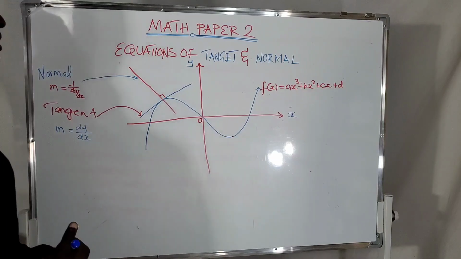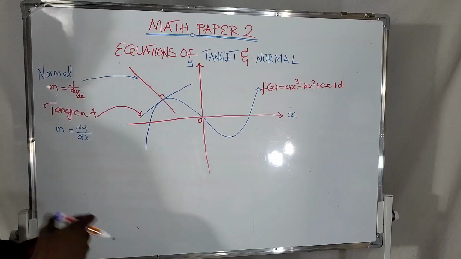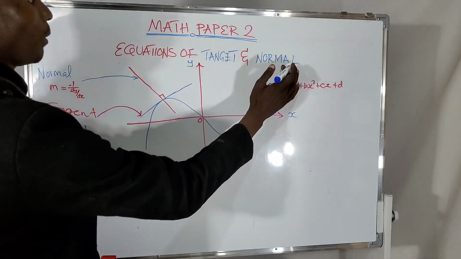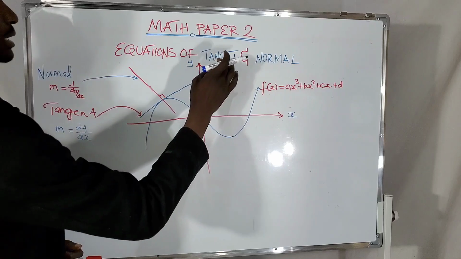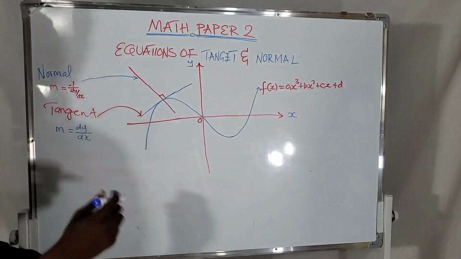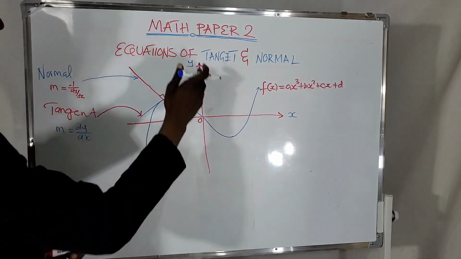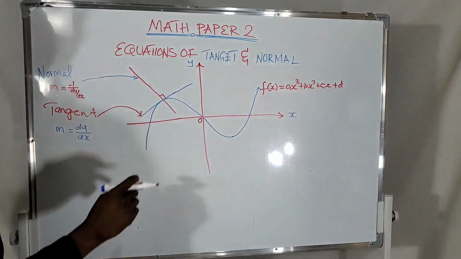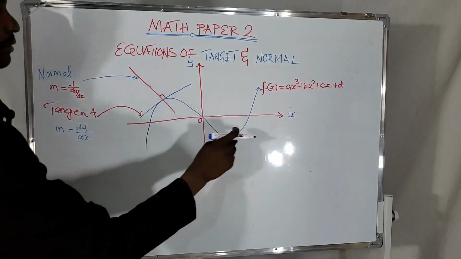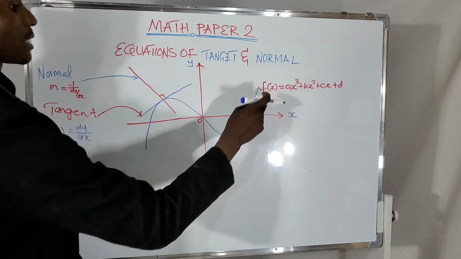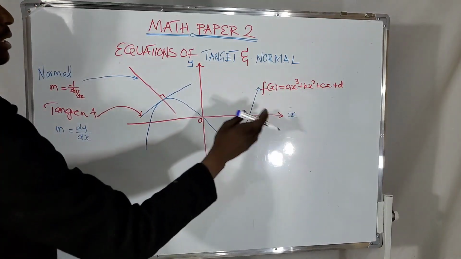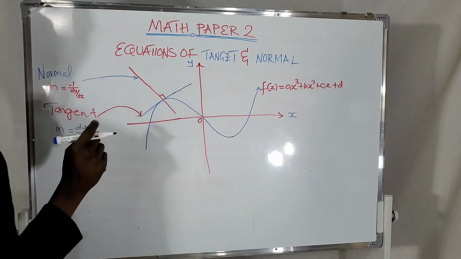Now, just a simple explanation of the difference between tangent and normal. Here is the tangent line and normal line to the curve. This is the Cartesian plane, the x-y plane, and this is the graph of the curve, and its equation is this.